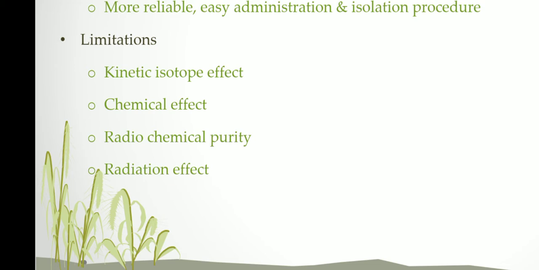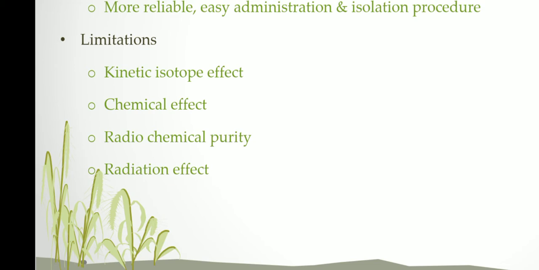These are the various limitations of this tracer technique. First one is kinetic isotope effect, depending upon each isotope the reaction differs. Being chemically similar, the isotopes are expected to undergo the same reaction, but that differs, and the different rates are more or less proportional to the difference in mass between the isotopes.